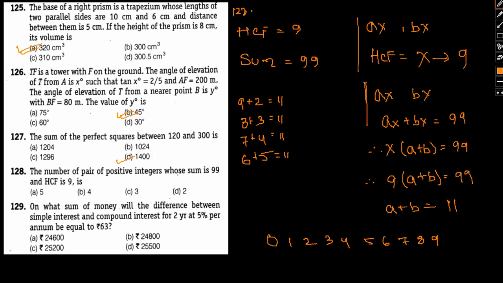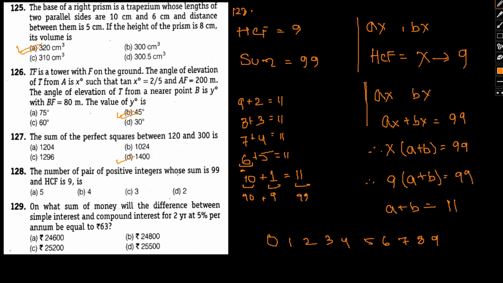Another important exceptional case is 10 and 1, which also sums to 11. With HCF 9, it comes out to be 90 plus 9, again 99.